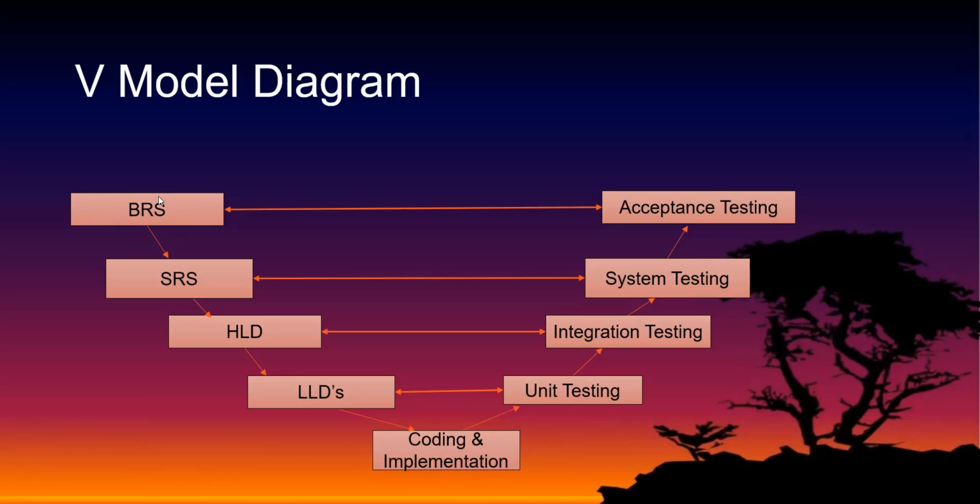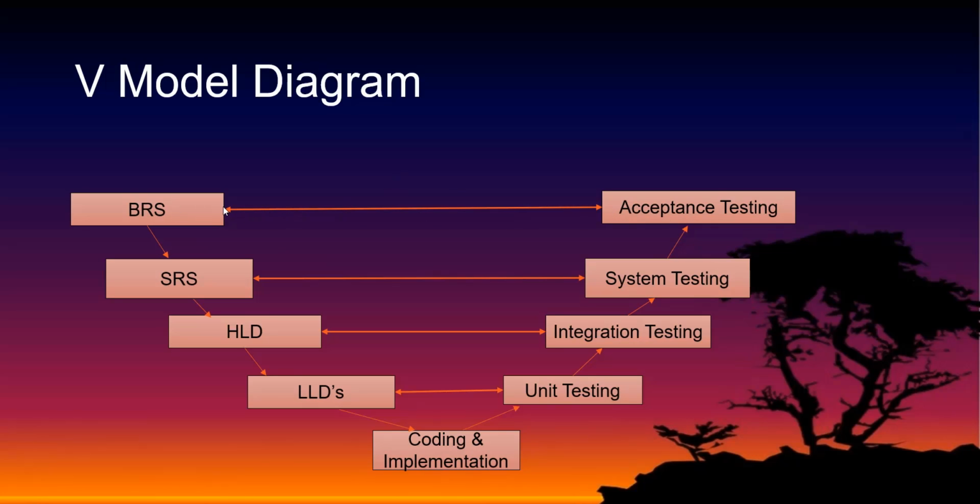What basically happens when the BRS is completed and they provide the BRS to the testing team, the testing team analyzes the business requirement specification document, and from there they start writing the acceptance test cases. You can see the arrow, it is related to acceptance testing.